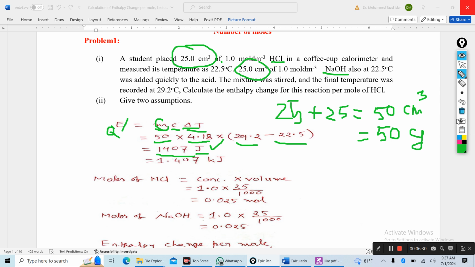Then after dividing by 1000, you will get 1.407 kilojoule. You know 1000 joule equal 1 kilojoule. That means if you divide by 1000, you get 1.407 kilojoule.